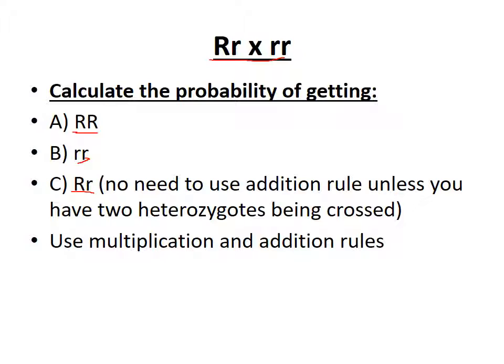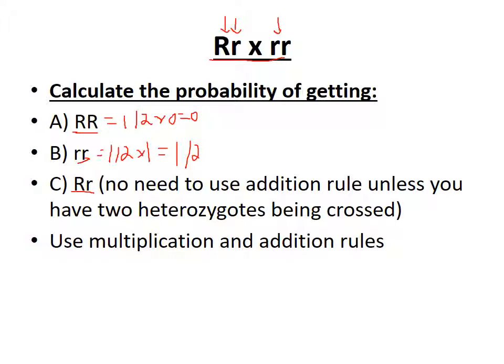So to get big R, you need big R from mom and big R from dad. To get big R from mom, you have half a chance, but from dad, you have 0% chance, so that's 0. Little r, you need little r from mom, little r from dad. Half a chance to get it from mom, and 100% chance from dad because that's all he has to give.